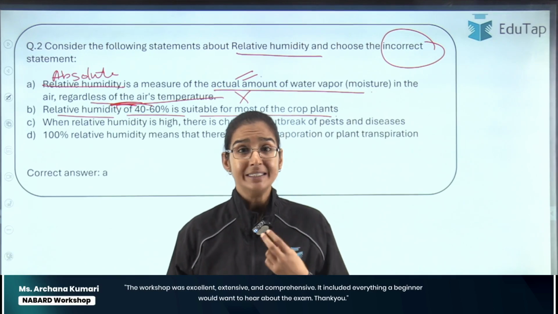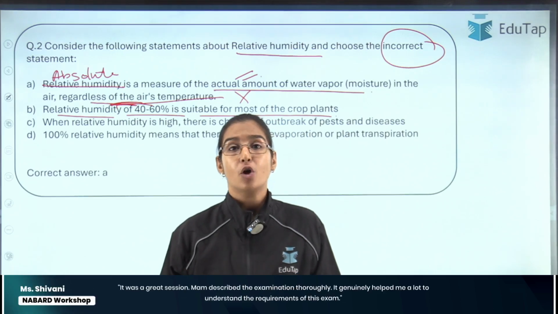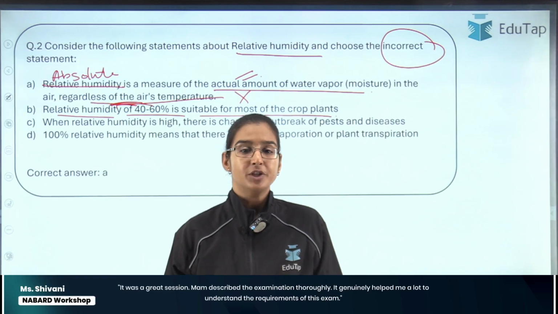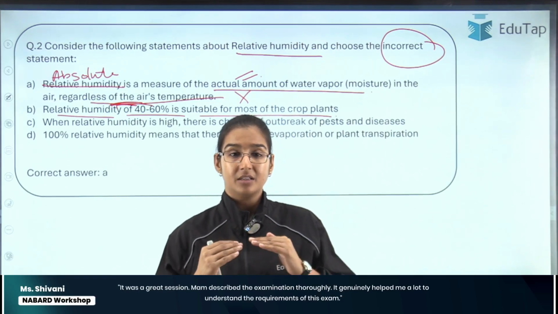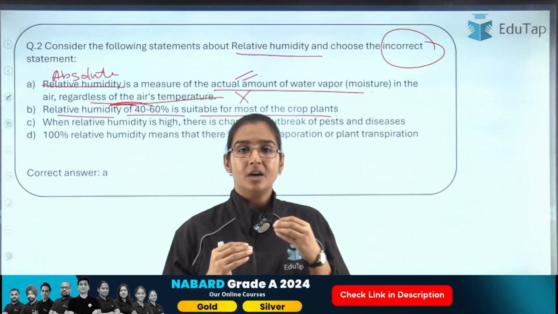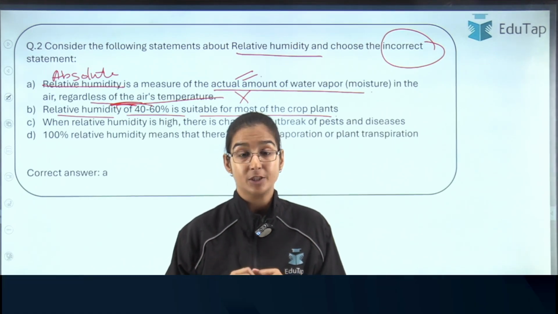Therefore, most of the crops don't prefer high humidity. The second reason why crops don't prefer high humidity is the reduction in transpiration, right? Transpiration is the process in which the plant loses water through leaves. In very simple language, this is what is meant by transpiration.